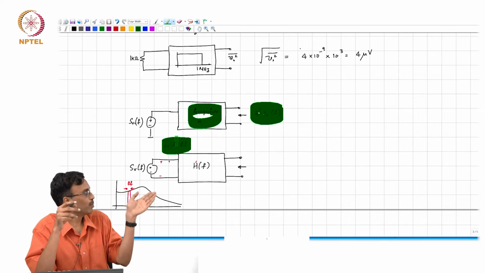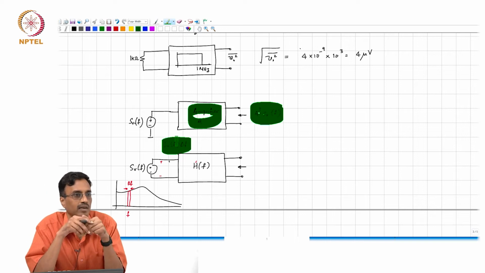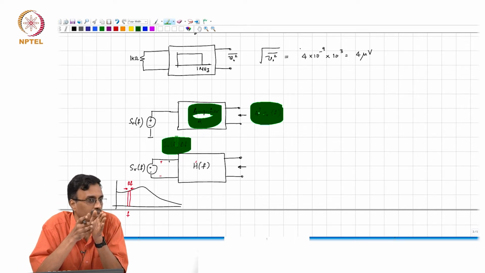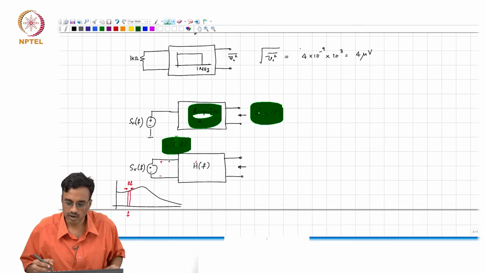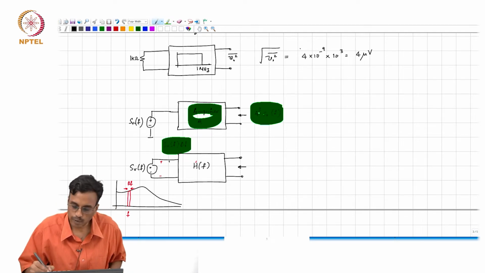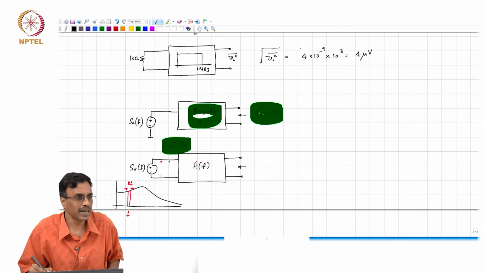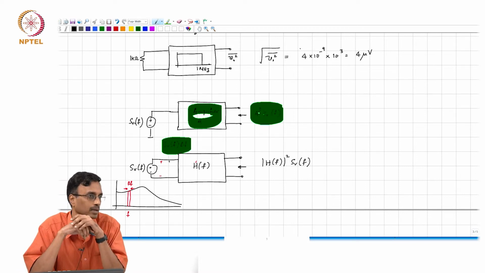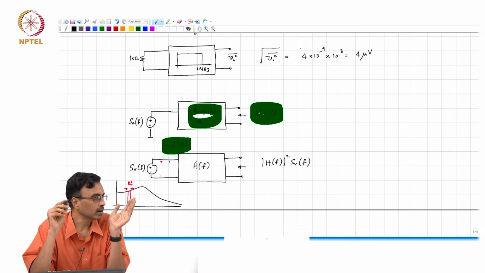So, what comment can you make about the mean square noise of the waveform coming out at frequency f? Very good. Therefore, the output noise spectral density is simply mod H of f the whole square times SV of f. Right? This is also very straightforward.